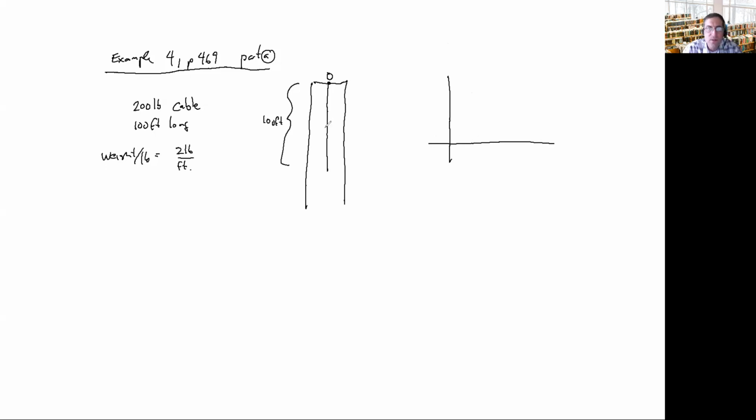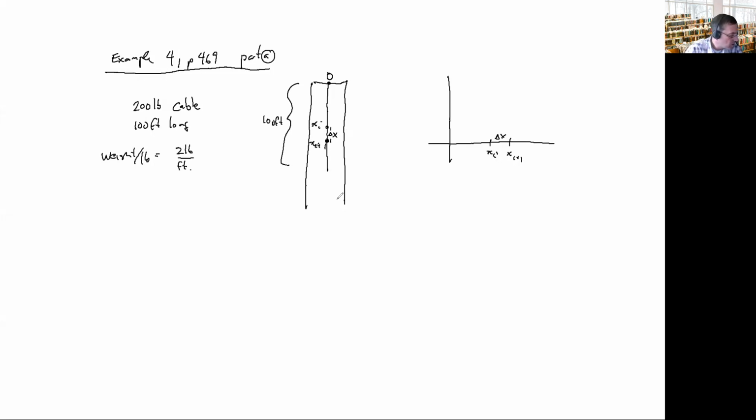Suppose this is a little section of cable going from xi to xi plus 1, and the width is delta x. So delta x is this little distance here.